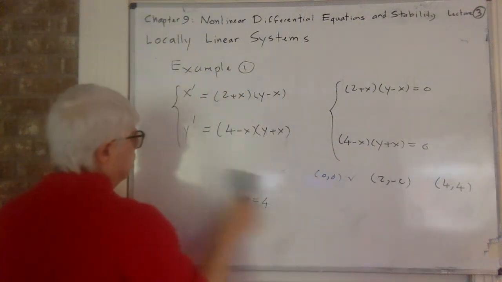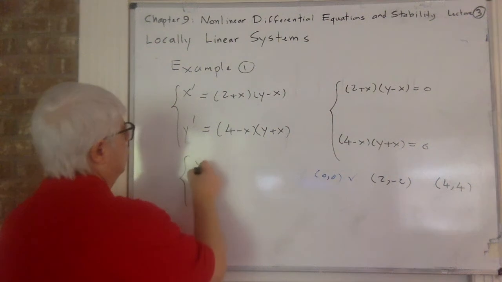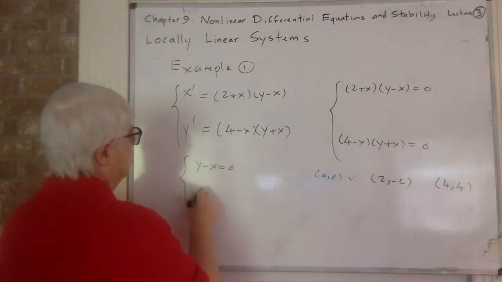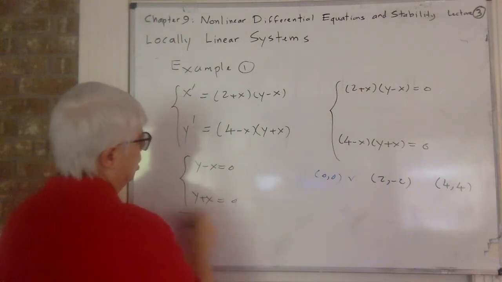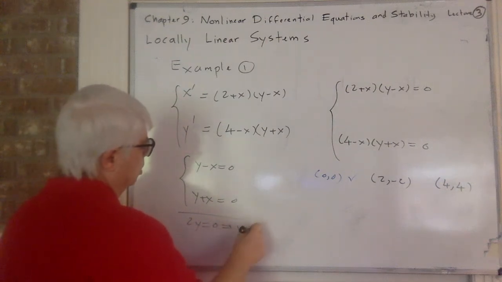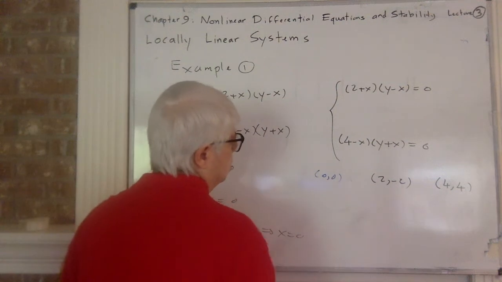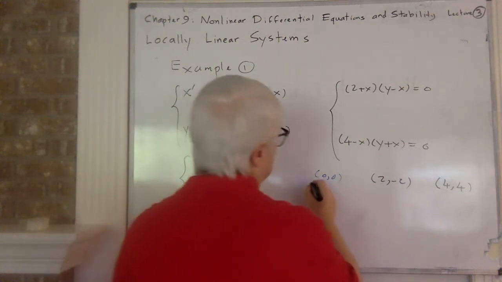So let's write it. Although I know that will give me 0, 0, but let's do it. 1 minus y minus x, y plus x. If I add them, I will get 2y is 0, so y is 0, and that gives me x is 0, which I already found, 0, 0. So these are critical points.